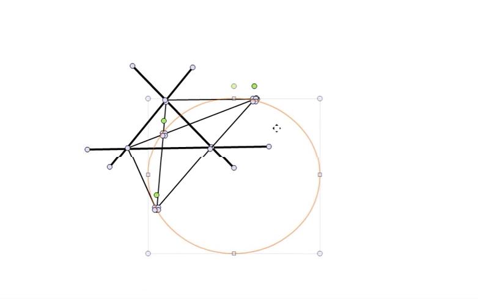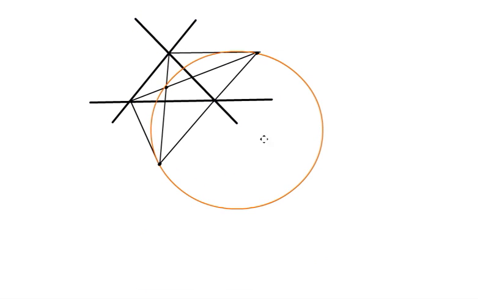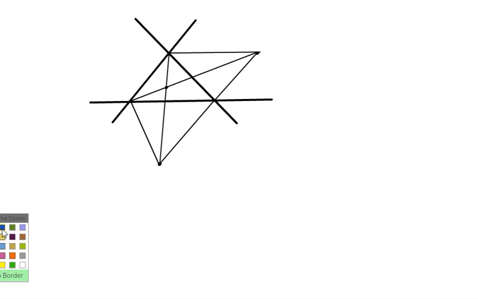Okay, so this is the figure, and for the time being let me remove this particular circle, because you have already got the idea that we need to find the radius of this circle. So let's label the points.